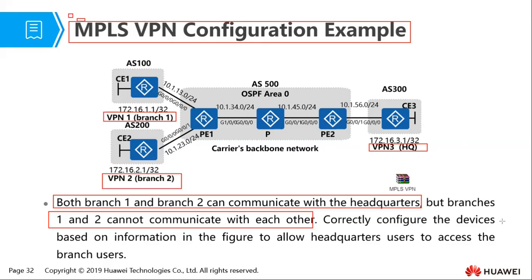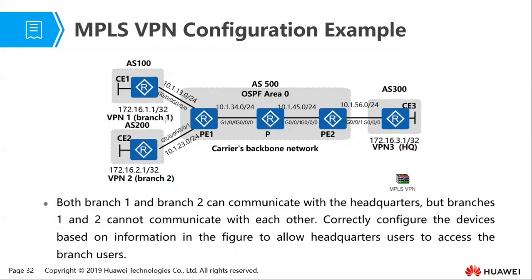So correctly configure the devices based on information in the figure to allow headquarters users to access the branch users. Some of the information you can see here, for example, CE1 is connected via G0/0/0 on PE1, this one G0/0/1 to CE2, like that. Those are some of the things that we are going to be configuring.